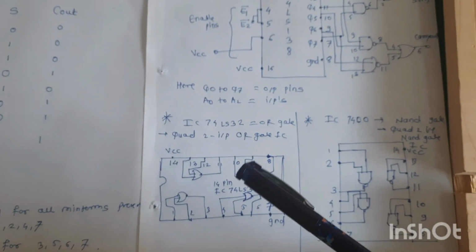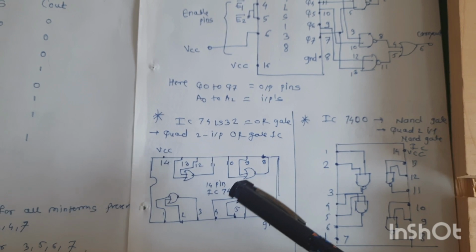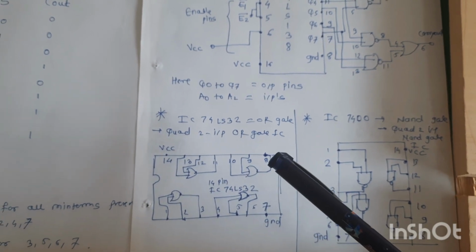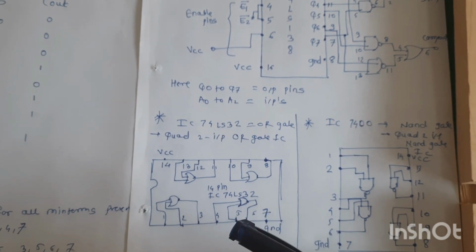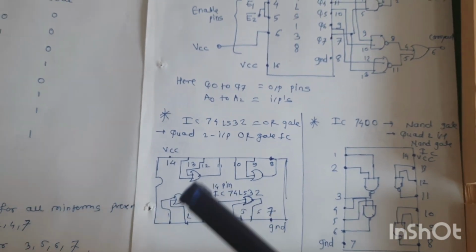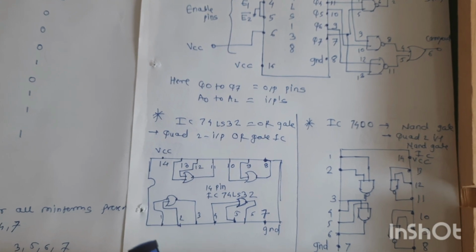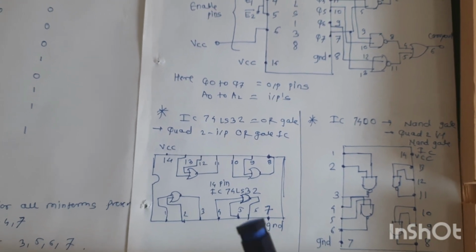How can we get these numbers? You can see here the OR gate IC74LS32, which has 2-input OR gates. The pin configuration lies like this: 1 and 2 input, 3 output, 4, 5 input, 6 output.